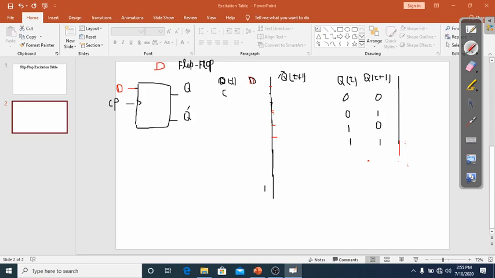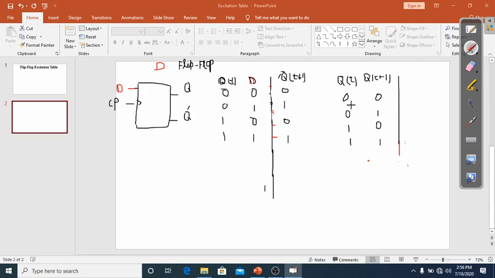When present state is equal to 0 and input is equal to 0, the next state is equal to 0. In case of D flip-flop, the next state always depends on the input. When input is equal to 1 and present state is 0, next state would be equal to 1. When input is equal to 0 and present state is equal to 1, the next state would be equal to 0. When present state is equal to 1 and input is equal to 1, the next state would be equal to 1.